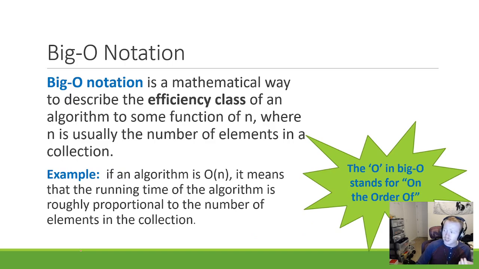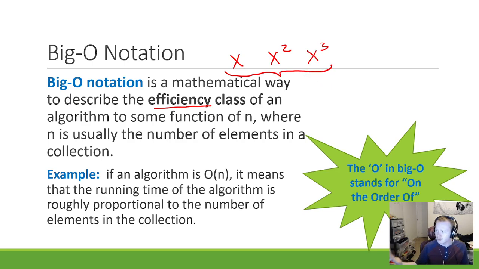We have big O notation to tell us this. That's a mathematical way to describe the efficiency of a class, or the efficiency class of an algorithm. If you will remember back to algebra, I want to say, we had x squared, x cubed. Big O notation follows the same sort of thing, polynomials, or logarithmics.